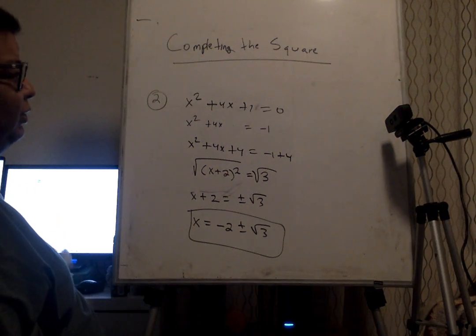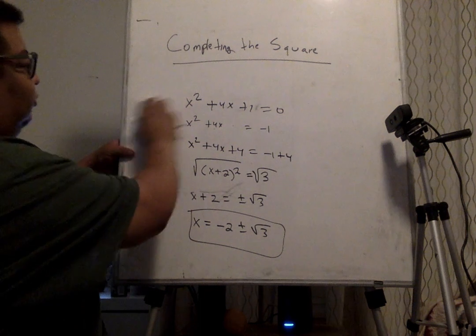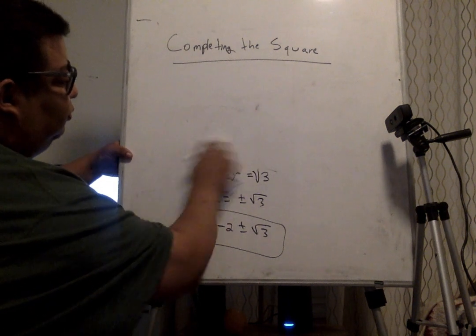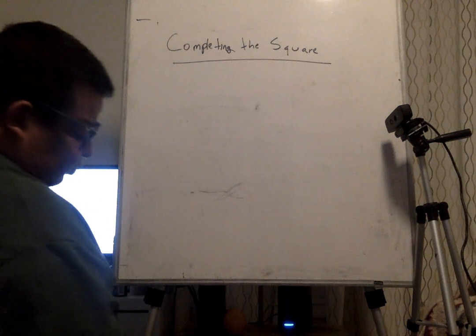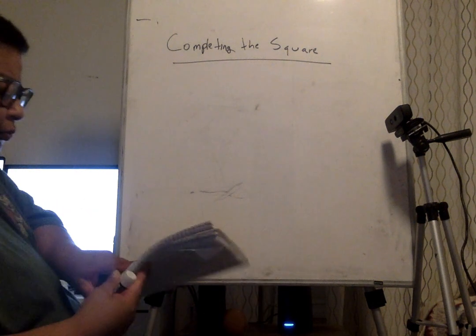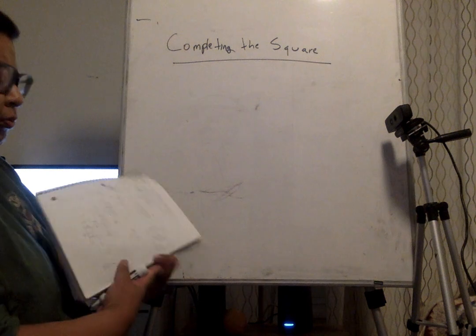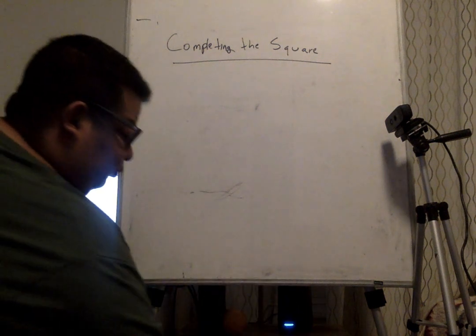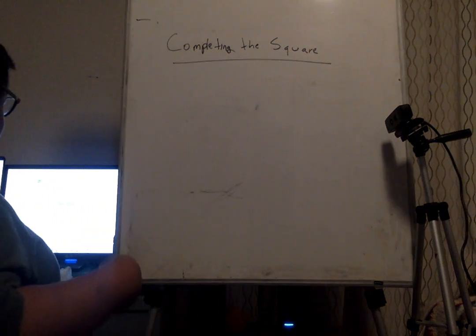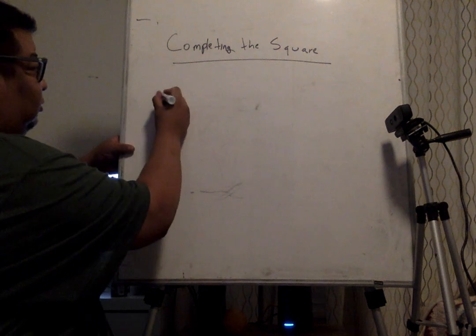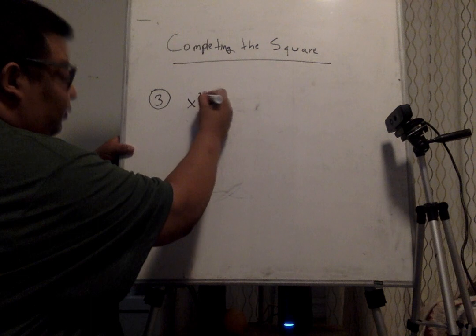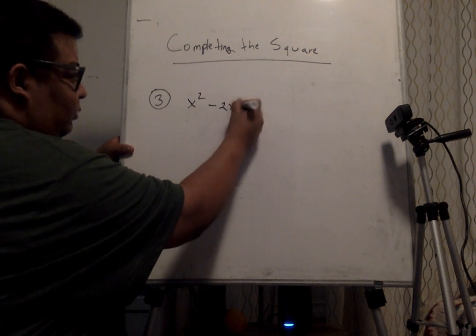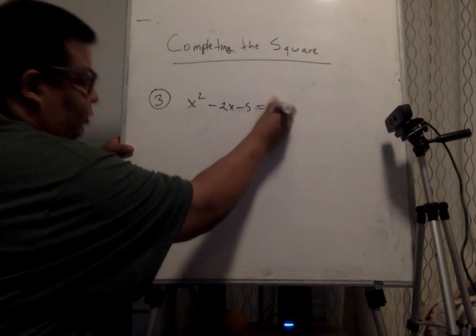Let's look at one more example. So exercise 3, x squared minus 2x minus 5 equals 0.